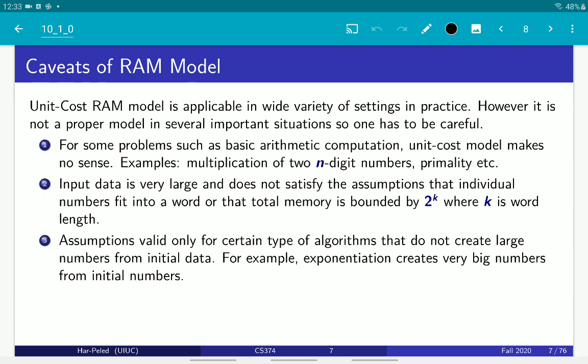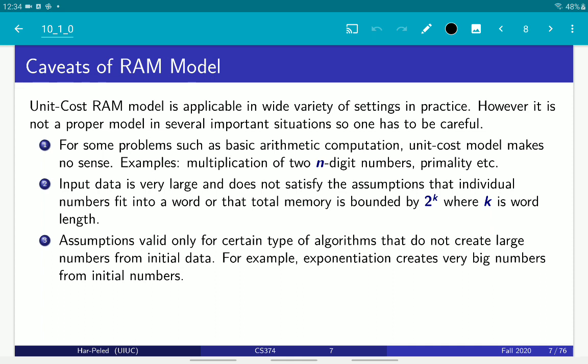And you need to be able to multiply such large numbers. They definitely don't fit into the words of regular computers, right? So now you have to implement algorithms that really can multiply huge numbers. And it doesn't take constant time to multiply them. The time to multiply them is a function of the number of digits.